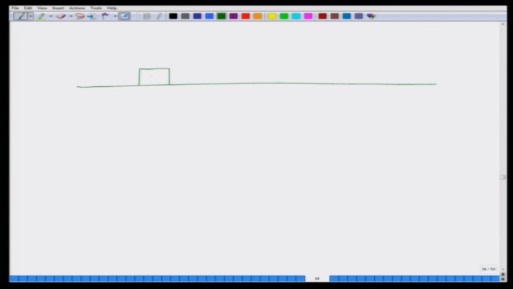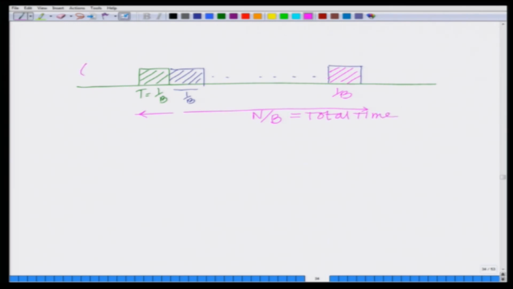In a single carrier system I have a bandwidth of B and I have a symbol time T equals 1 by B. Therefore, I am transmitting N symbols in total time N by B, and this is for a single carrier system.